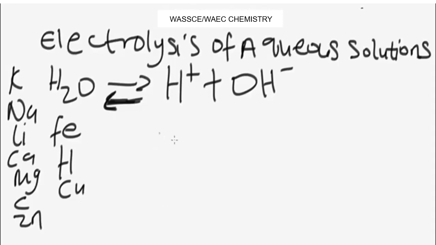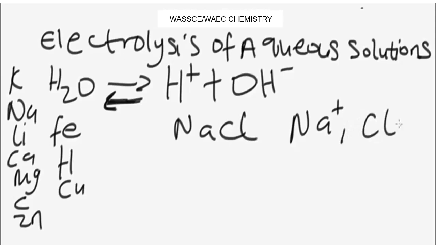For instance, let's say in the electrolysis of sodium chloride. In this sodium chloride solution, the sodium will not migrate to the cathode, because we have these different ions: sodium ion, chloride ion, hydrogen ion, and hydroxide ion. We have two metal-type ions here, and sodium is more reactive than hydrogen.